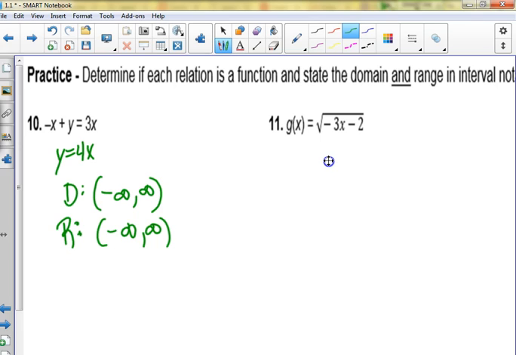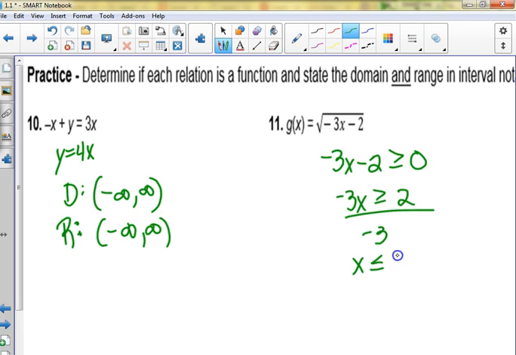What are the two things I said you have to know? The denominator can't equal 0, and what's under the radical has to be greater than or equal to 0. So if I write that, can you solve that? Be careful. What do you have to do that makes it tricky? When you divide by a negative, you have to flip it around.